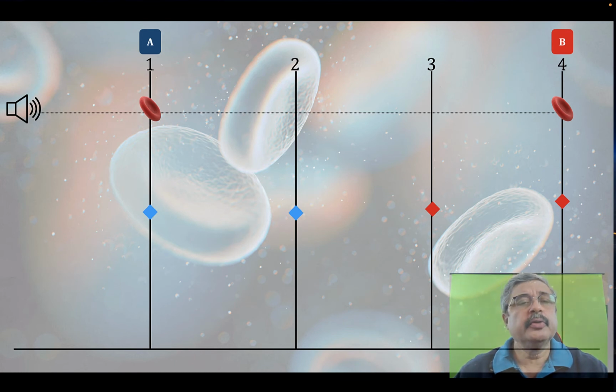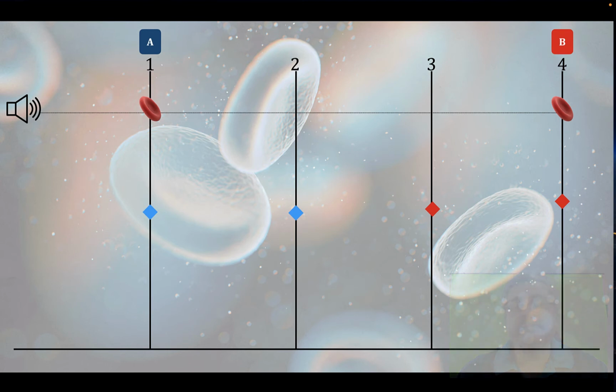So now we're looking at two RBCs, RBC A at location 1 and RBC B at location 4. And we have this ultrasound transducer which is interrogating by sending out pulses to establish their current position and the direction in which they are moving. For example, it sends out a pulse to RBC A and establishes the go-return time and the distance the RBC is from the transducer.